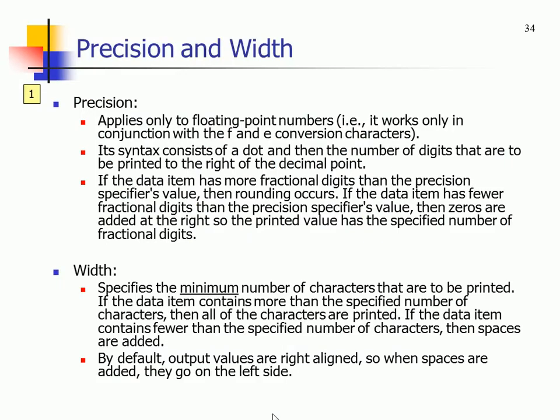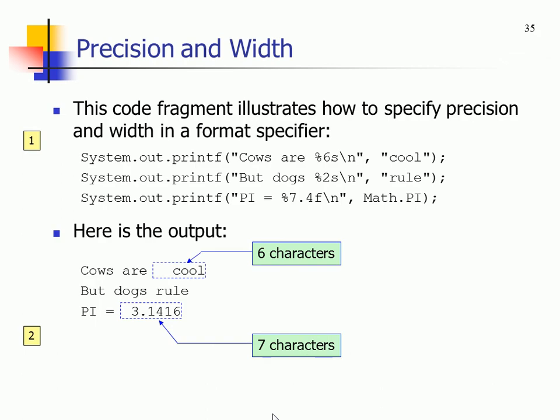Alright, width specifies the minimum number of characters that are to be printed. If it's more than that, it will print more. Okay? Data contains fewer, then spaces are added. By default, output values are right aligned, so easy enough there. Okay, and here the cows are, and it's hard to hide the bottom parts, you can't see it, but cows are 6s. In other words, I'll put a string, but take up 6 spaces.